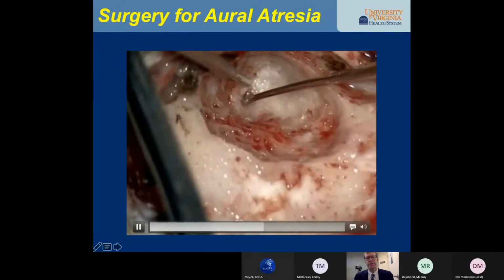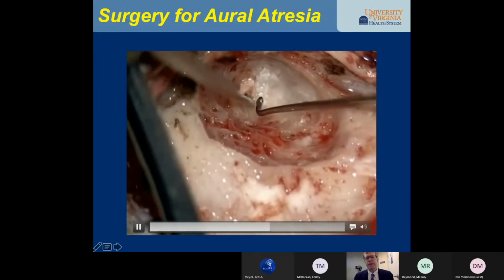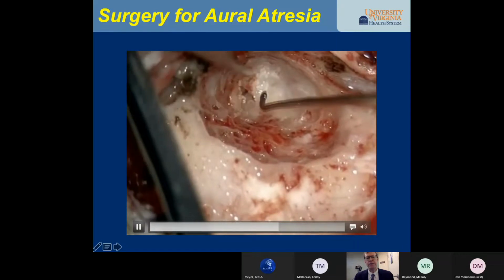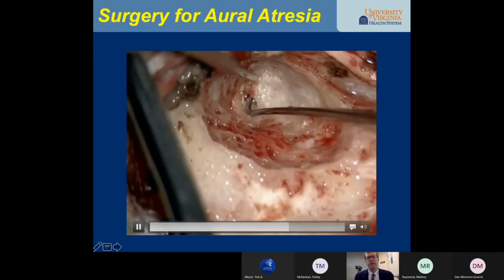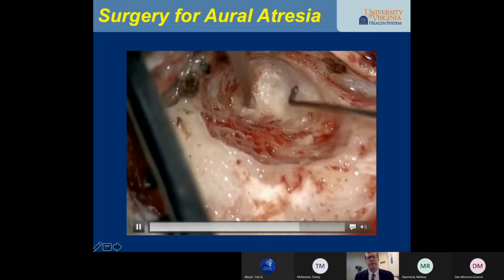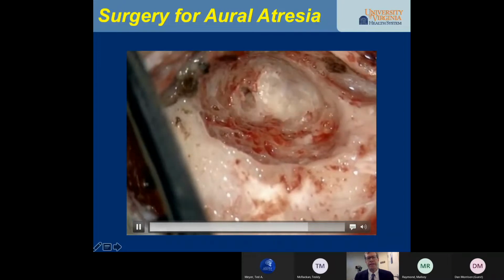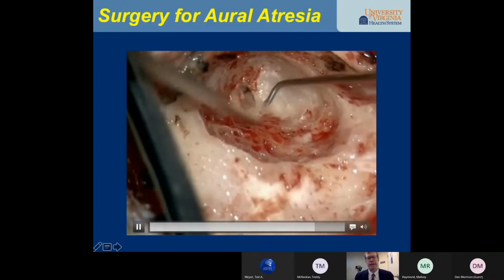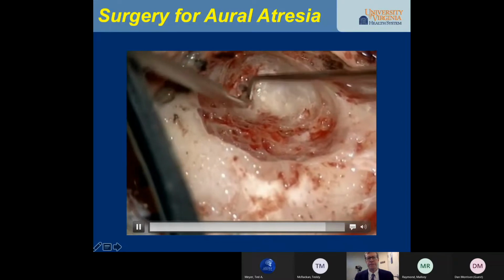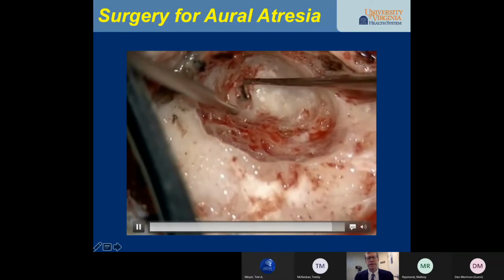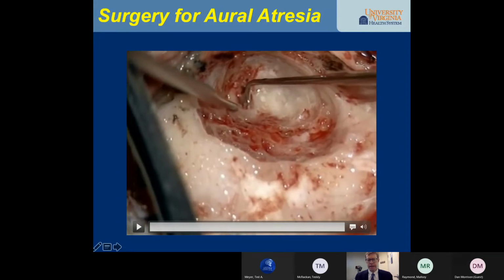So now I'm using a dental excavator to pick away or fracture away the small pieces of bone that are preventing my accessing the epitympanum. Here we've got a nice big airspace here. And in fact, that might be an ossicle right there. And I'm palpating it. It does seem to be an ossicle.